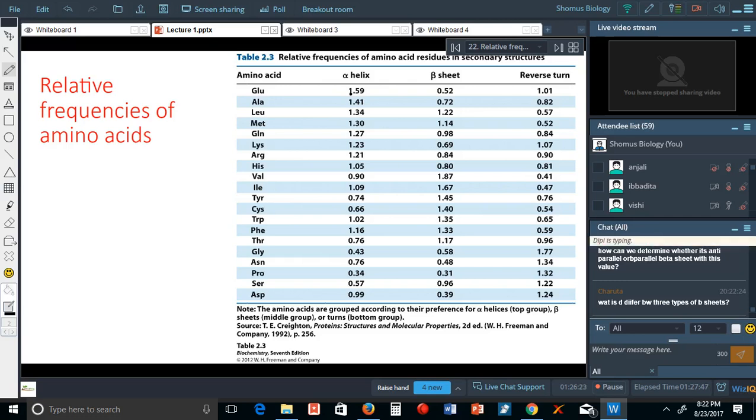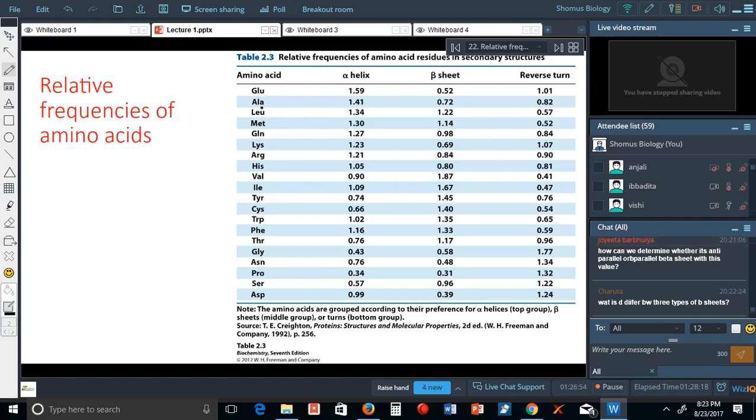The relative frequencies of amino acids means, because there are 20 separate amino acids, not all the amino acids intend to form alpha helix, and not all intend to form beta sheet. There are a few amino acids more found in alpha helix because structurally they are more allowed to form alpha helix, and there are a few amino acids which are structurally more favored to form a beta sheet.